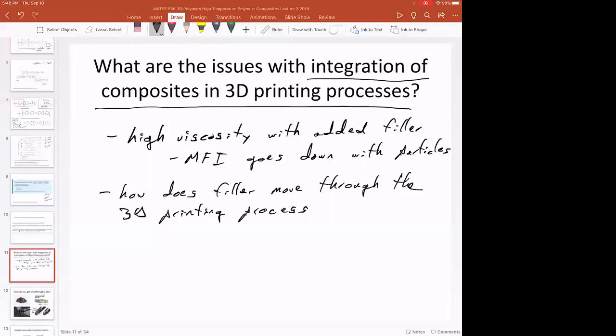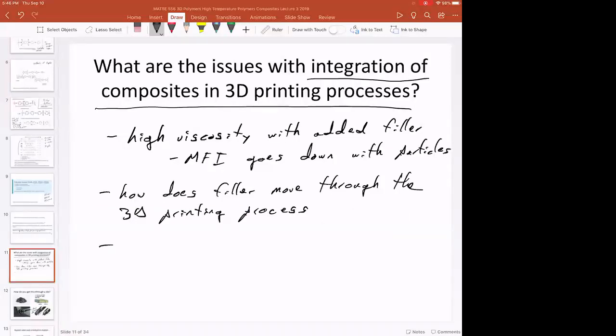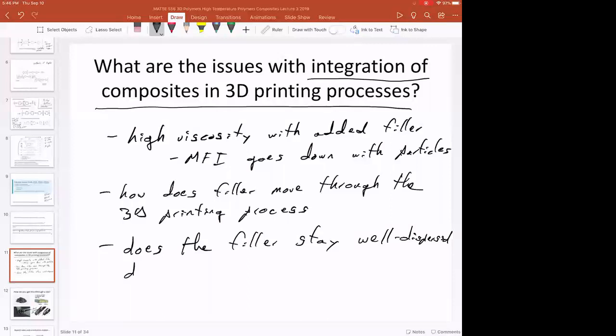Other issues. So maybe if we're interested in a composite where you have a nice distribution of fillers, you know, does the filler stay well dispersed during AM?